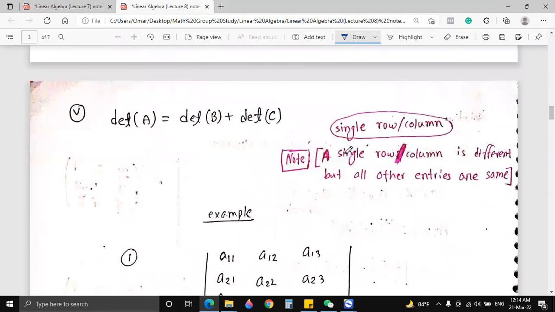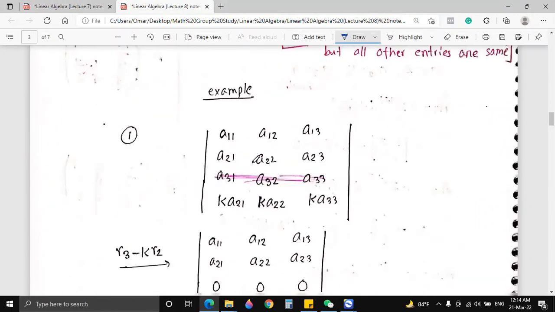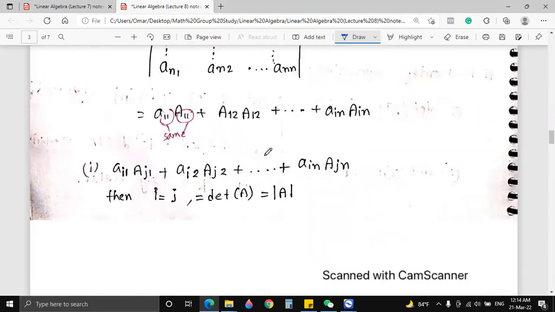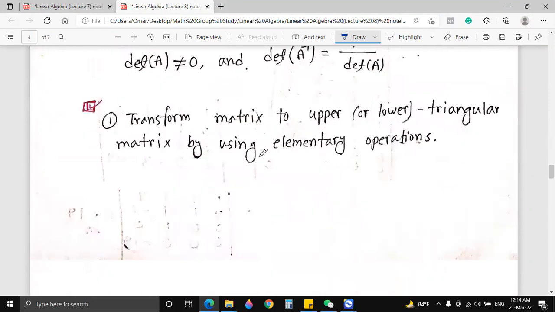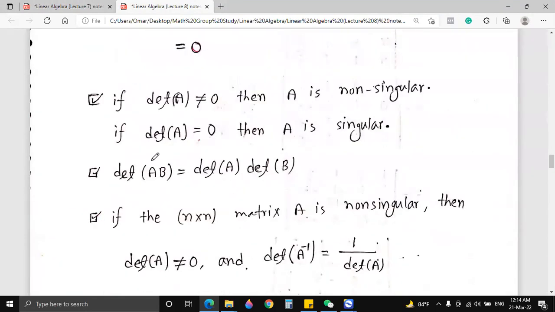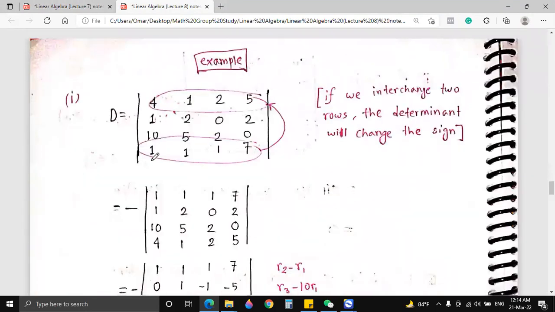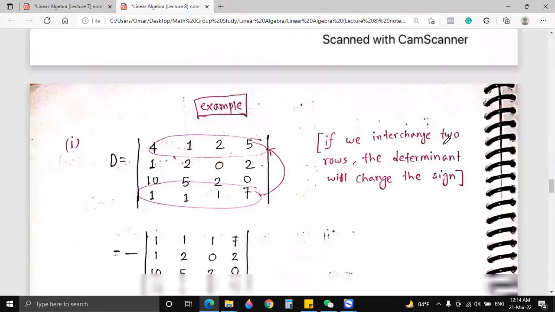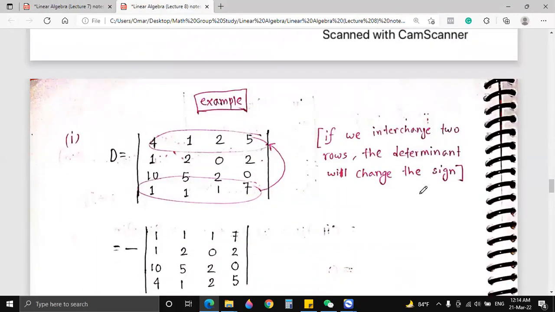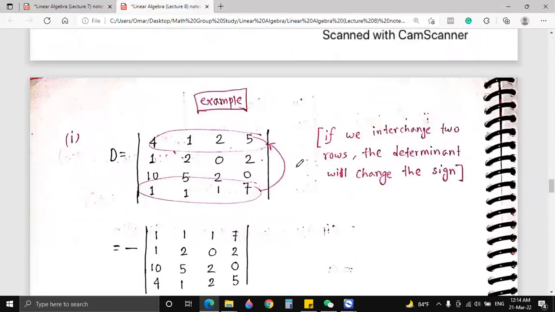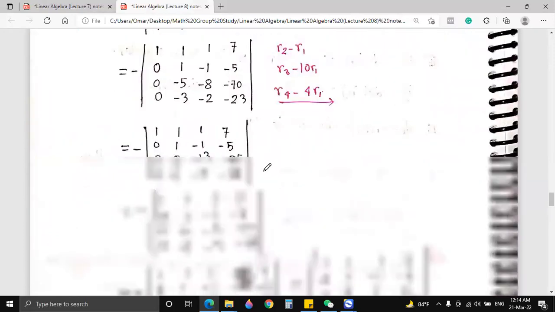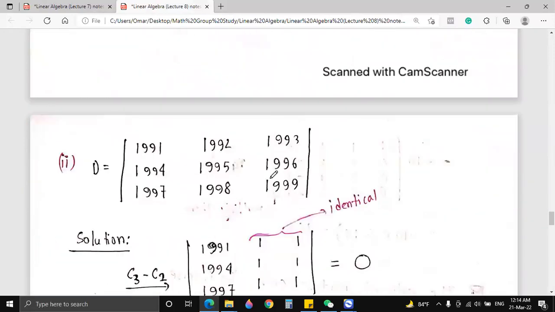Single row or column. So I think nothing else for this. Okay, so there was something more. If we interchange two rows, it changes the sign. There is some kind of little formula that you need to know.